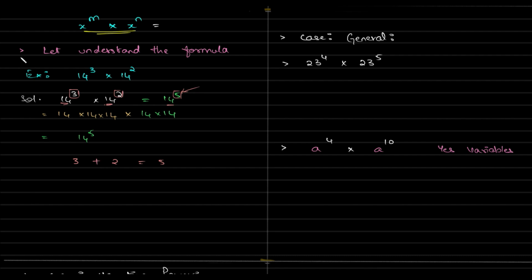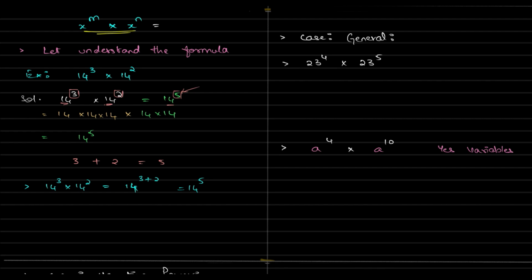Right? Addition. So instead of doing all of this, I could have done this: 14 to the power of 3 plus 2. Can I do this? This will give me the same answer. This does give the same answer.